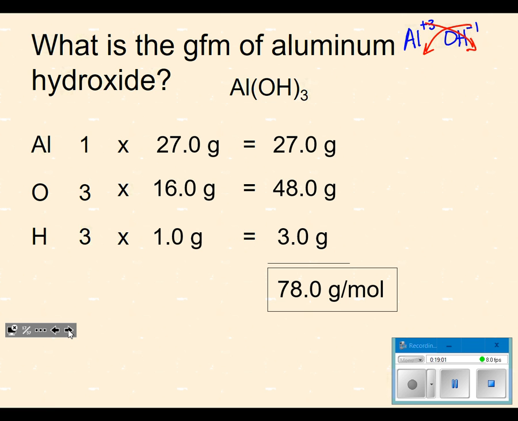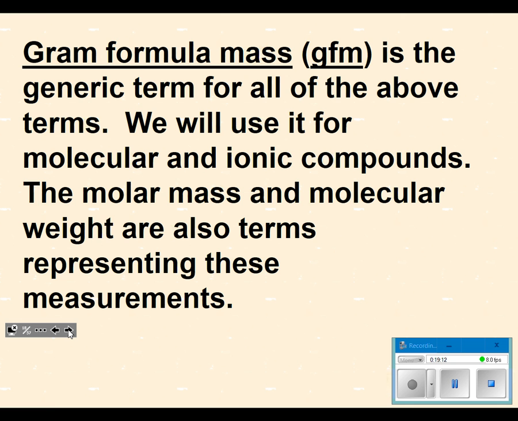This is a really important concept as we're going through that you're going to have to be able to use. So you really need to understand how to calculate the gram formula masses. All right, so the gram formula mass is really just a generic term for all the terms we just discussed. Gram atomic mass, gram molecular mass, gram formula mass, all of them can be lumped into one big saying and say GFM.